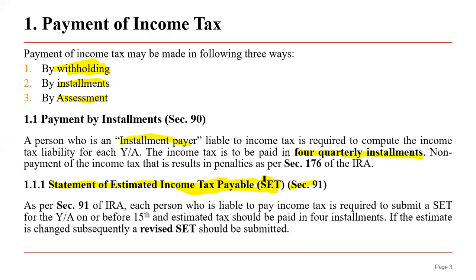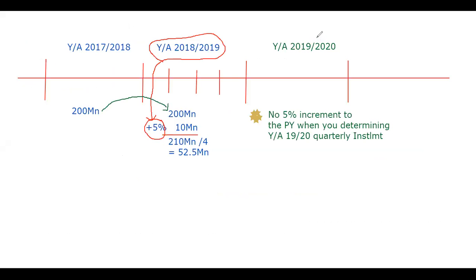Under this, you need to submit the SET form in the first quarter, at the beginning of the year. Let me share the whiteboard and see whether I can import the previous one. There is no option. Let's save this one and clear all.